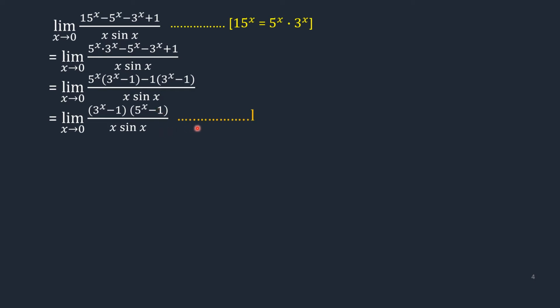Now, in order to apply this formula, we need x below each of these factors in the numerator. For that, we will divide both numerator and denominator by x square.